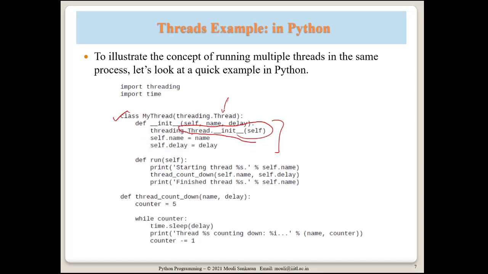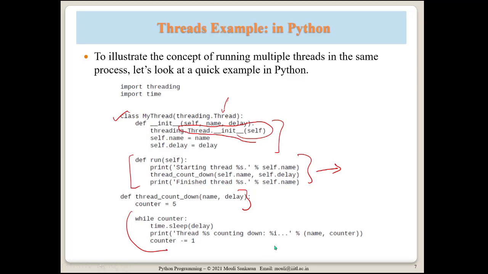So it is actually creating a thread here, and run is what is going to be executed as a function. And what is it executing? It is executing this particular thing, and after this execution it is supposed to come back.